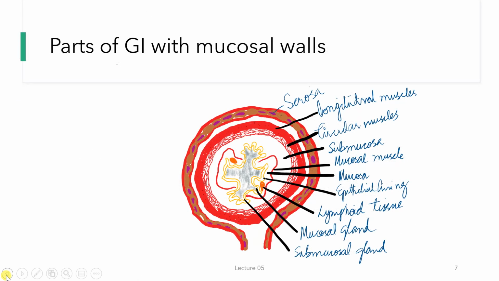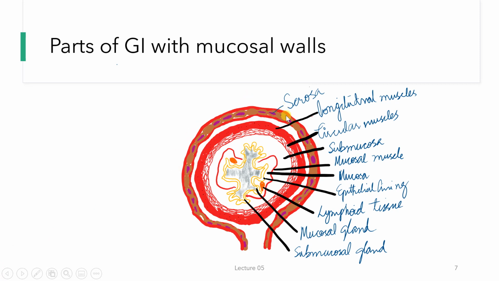Each segment has certain morphological and physiological features, but there is almost a common structure for all parts of the GIT, with the muscular walls comprising 4 different layers: inner mucosa, submucosa, muscularis externa and serosa. Here you can see a diagrammatic representation of the mucosal walls.